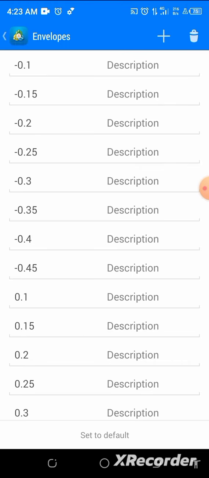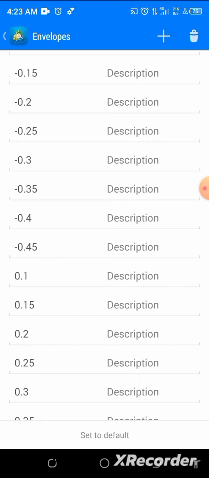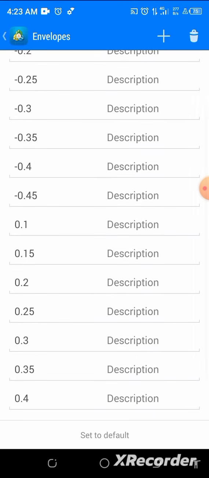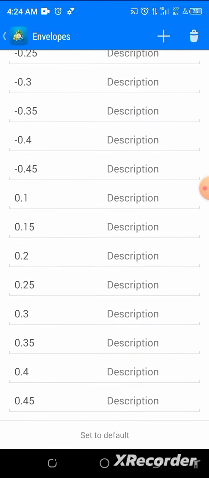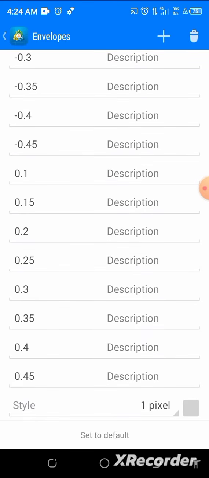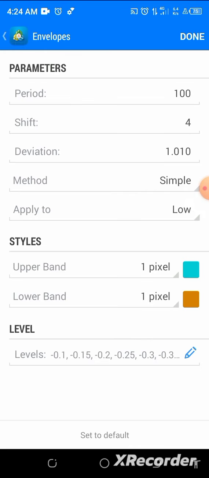Minus 0.1, minus 0.15, minus 0.2, minus 0.25, minus 0.3, minus 0.35, minus 0.4, minus 0.45. Then you go again, 0.1, 0.15, and so on. Then you click done, any color of your choice, but make sure the color is lighter at the level perspective.